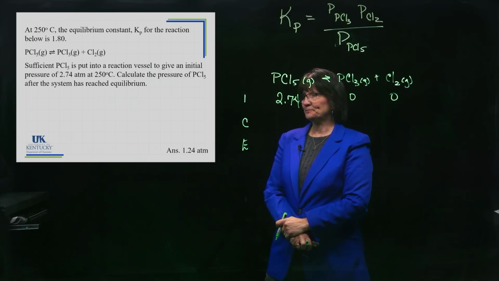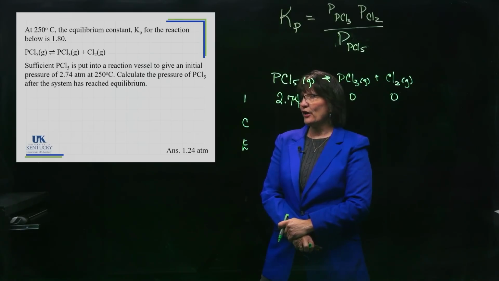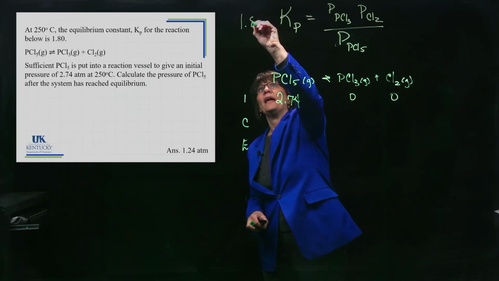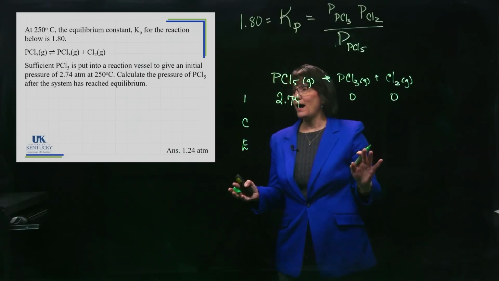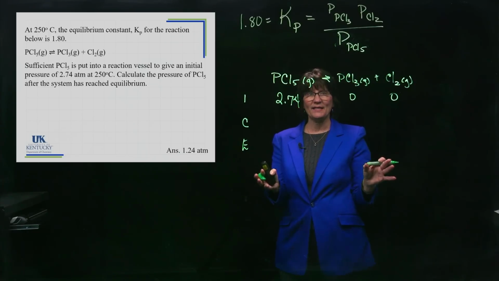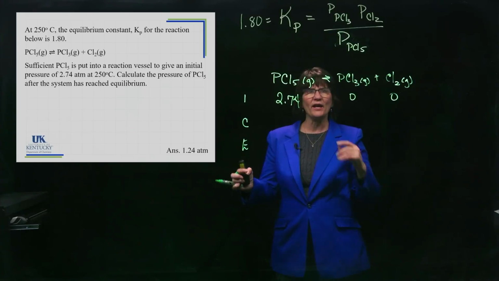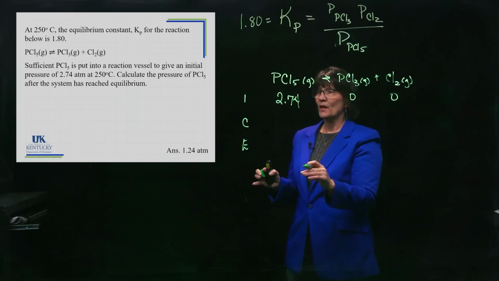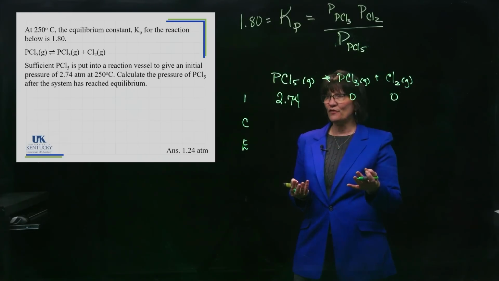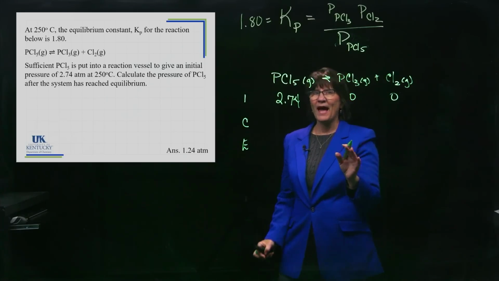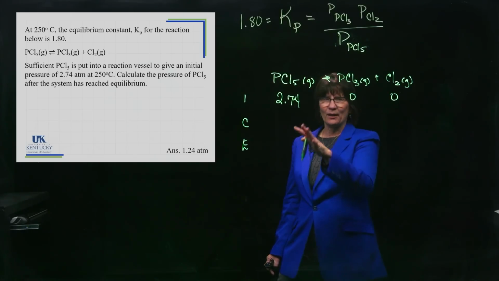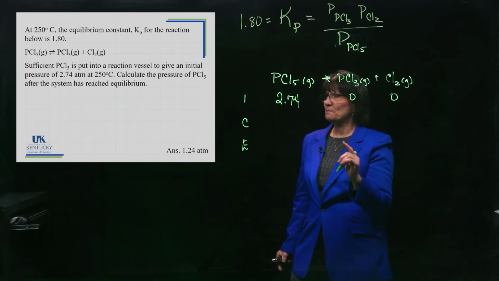There isn't any. It gives me a value for KP of 1.80, but otherwise there's nothing else for me to fill into my table. They didn't give me equilibrium values. If they did, I'd put in what they gave me. So at this point, I know I must use a variable to finish my table. I never go to that variable if there are other things I can fill in with numbers instead.